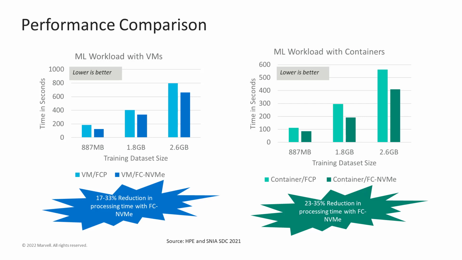The HPE team ran training data sets of different sizes in both VM and container environments using both FCP and FC-NVMe connected storage and compared the results. As you can see, the workloads completed in a shorter amount of time with FC-NVMe. Run times were reduced by as much as 35% depending on the size of the data set. Bottom line is, FC-NVMe will allow more work to be done in less time.